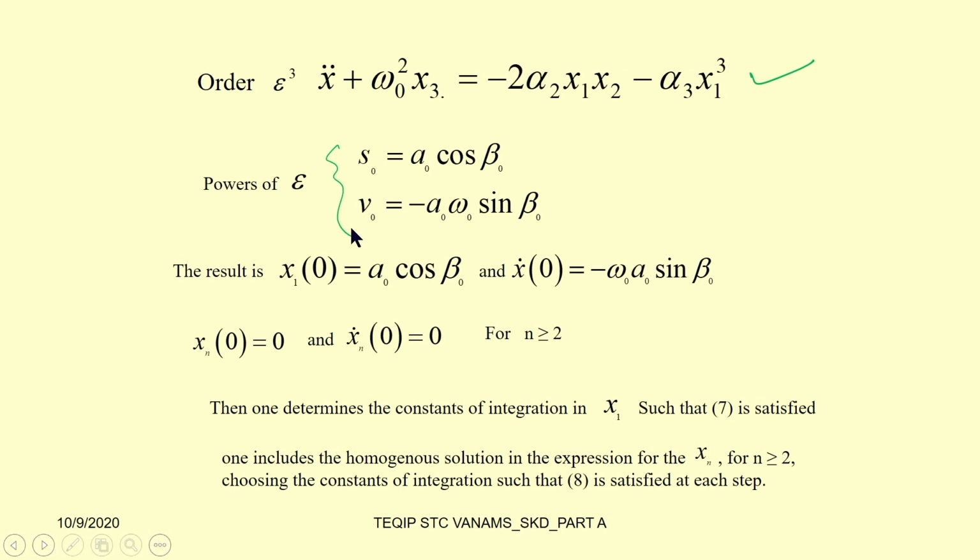So, solution x 0 can be written as a 0 cos beta 0, and its velocity will be this way. The solution of x 1 also can be written, and x n equal to 0, x n dot equal to 0 for n greater than or equal to 2.